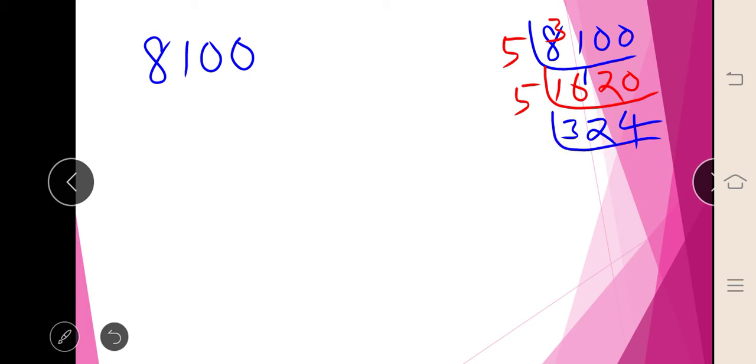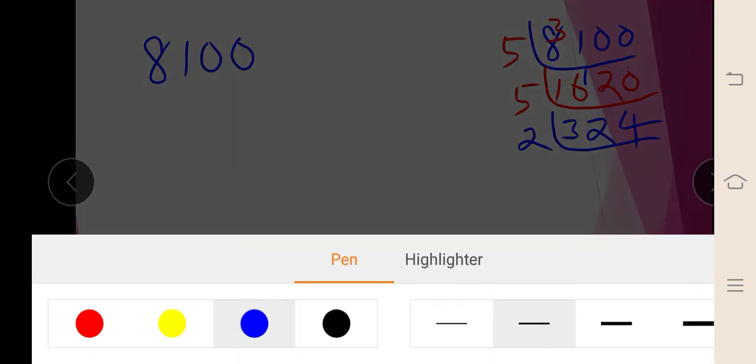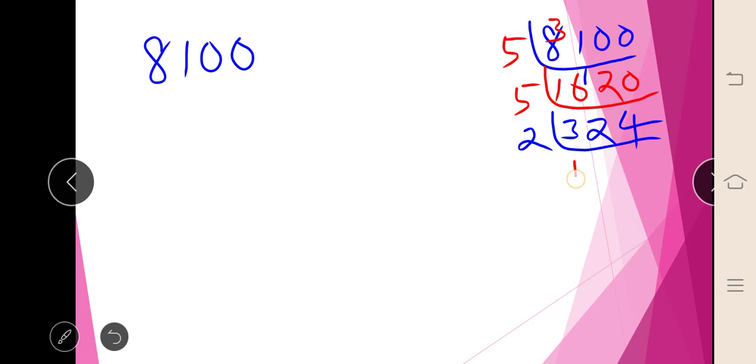Now, just see, this number is not ending with 0, so we cannot divide it by 5. So now the next prime number, the first prime number 2 itself can be taken because it is an even number. In 3, how many times 2? 1 time. 2 ones are 2. Is there a remainder in 3 or not? 2 ones are 2 and there is a remainder 1.